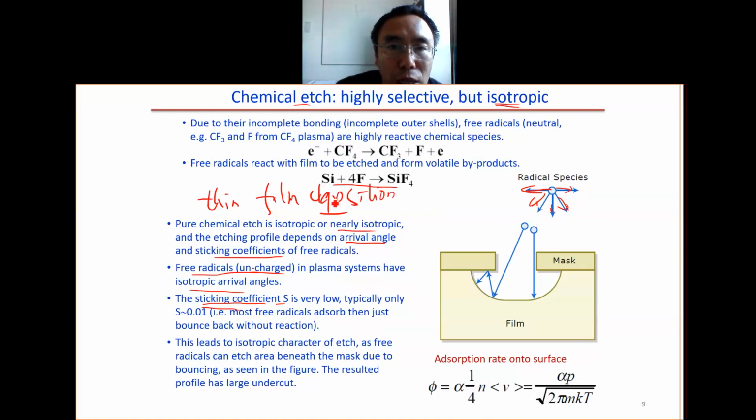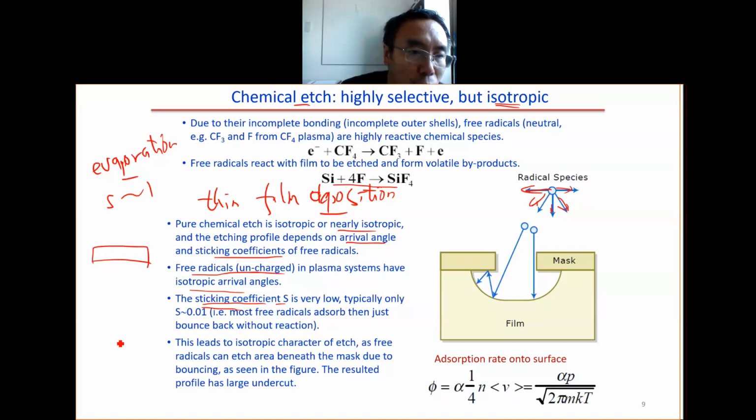We have talked about the sticking coefficient concept in the thin film deposition chapter. For instance, for evaporation, S is equal to 1, because if we have the substrate here, and the atoms come here and stick here, S equals 1.